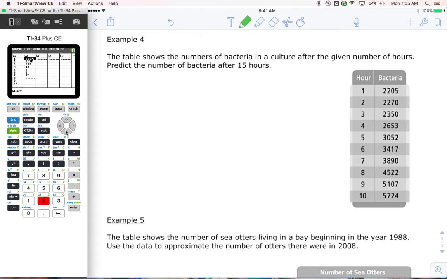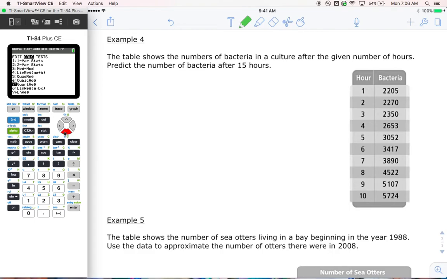So we've got 2205, 2270, 2350, 2653, 3052, 3417, 3890, 4522, 5107, and 5724.